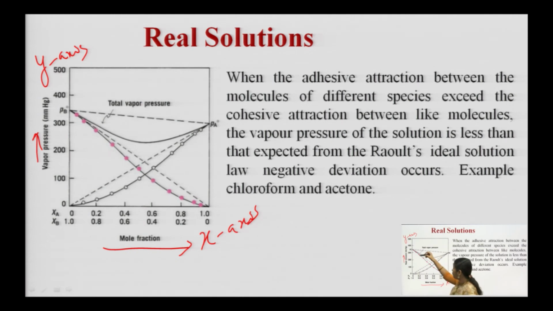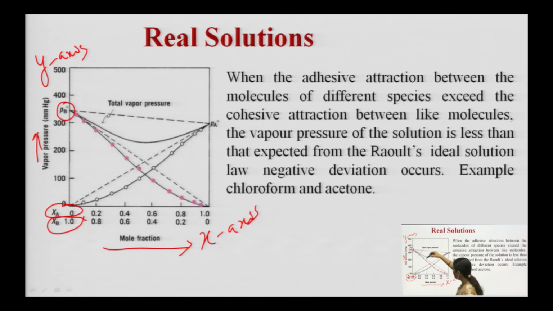So, first here we have the vapor pressure of B, where the mole fraction of B is 1 and the mole fraction of A is 0. As we go on adding A to B, the vapor pressure of B decreases.